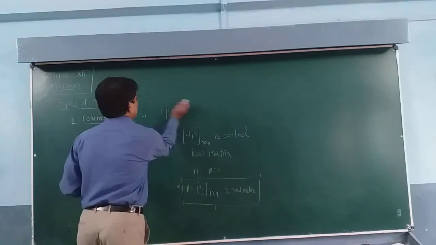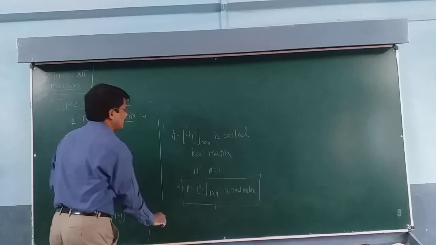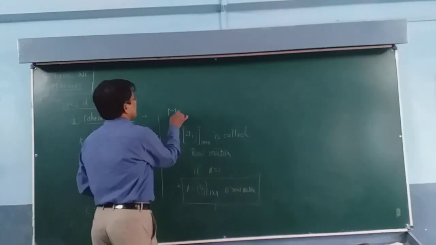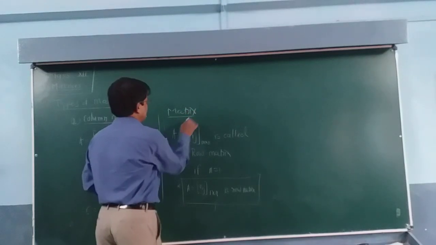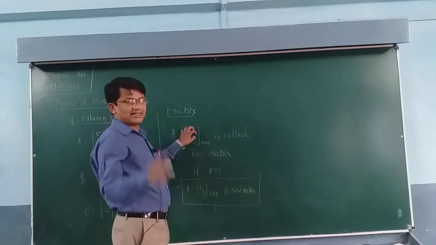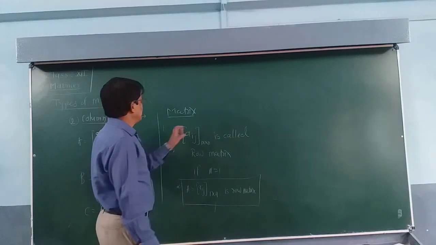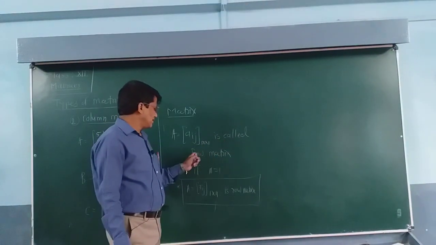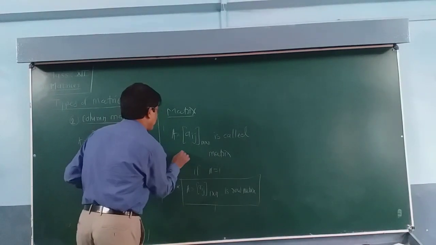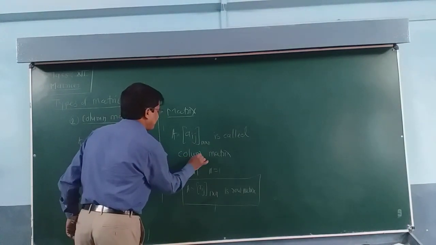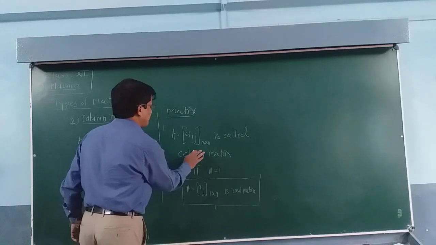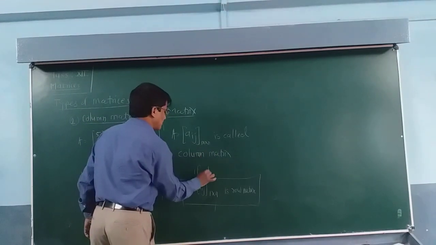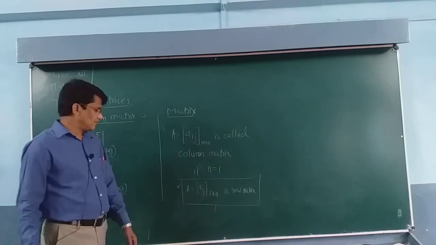So in general, the definition is like this: matrix A equal to Aij, where Aij means the elements in that matrix. A equal to Aij, of order M by N, is called a column matrix if N equal to 1.